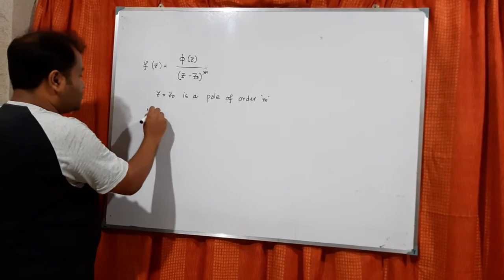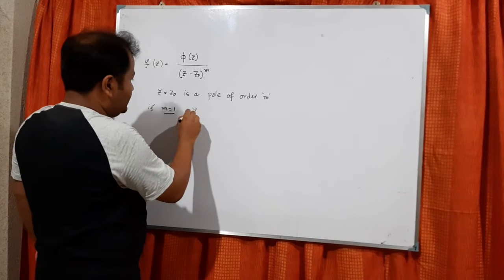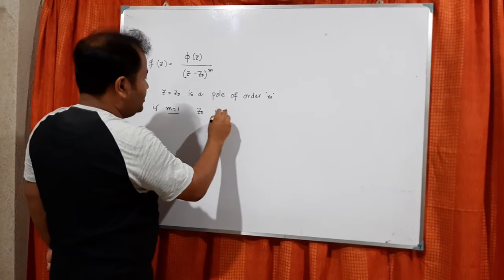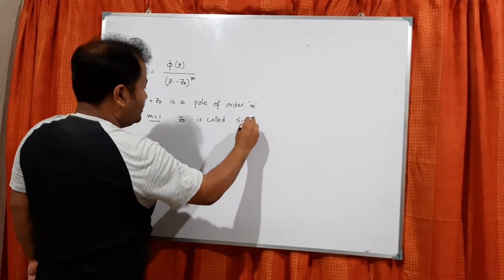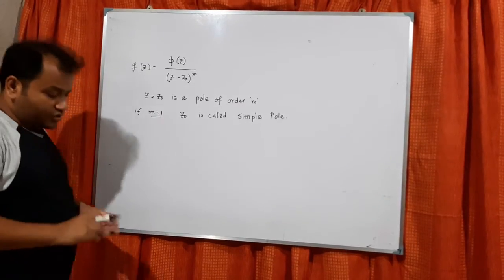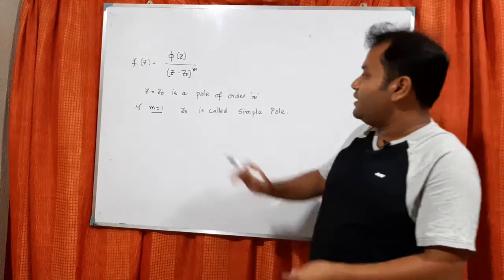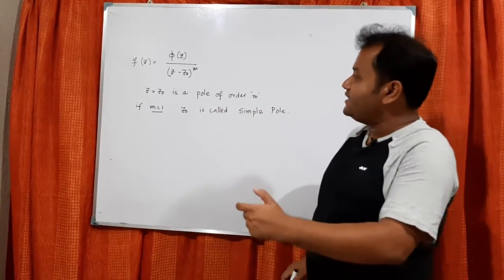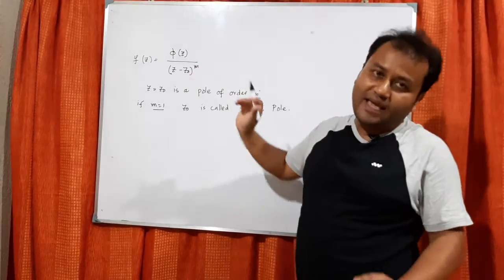If m is 1, then z naught is called a simple pole. So there are two kinds of pole: one is simple pole, when the power is 1, and another is pole of order m, when the power is m.